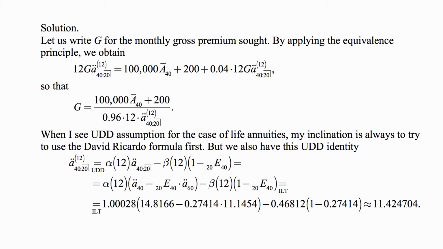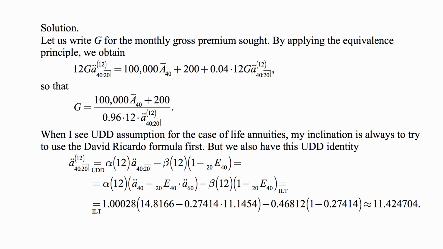It's on a 40-year-old, but only up to 20 years. That pays for $100,000 of death benefit paid upon the moment of death. That's why it's Ā40, plus $200 single expense at time 0, plus 4% of all the premiums, which is the other expenses. Well, all the premiums are on the left-hand side, so it's just 4% of that.